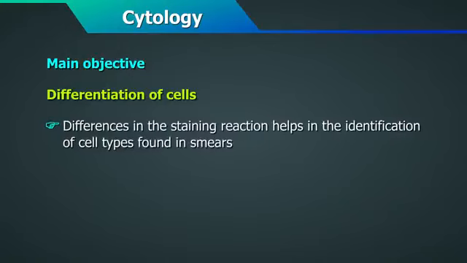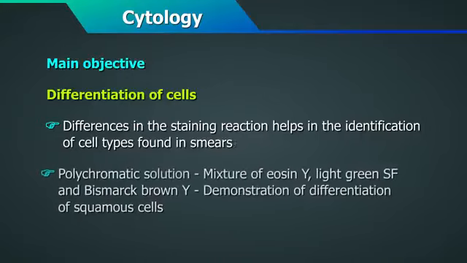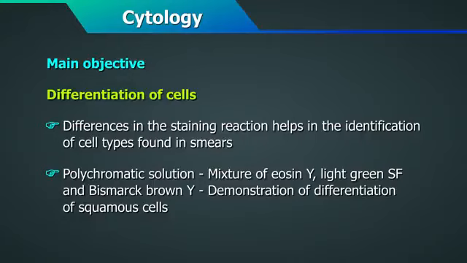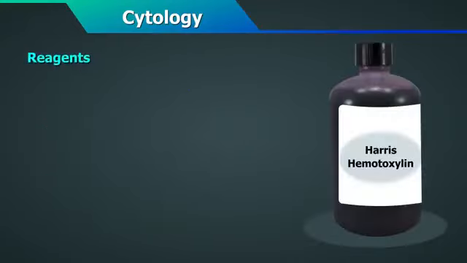Differences in the staining reaction, such as that between acidophilic and basophilic cells, help greatly in the identification of certain cell types found in smears. Polychromatic solution, a mixture of eosin Y, light green SF, and Bismarck brown Y, is used for demonstration of differentiation of squamous cells.